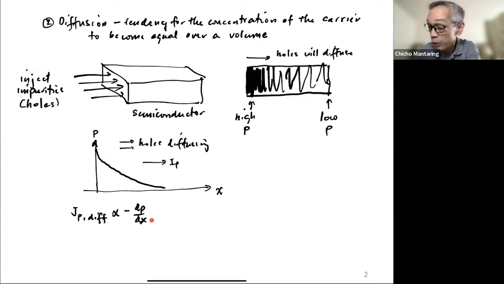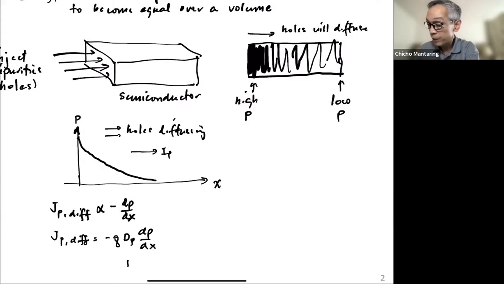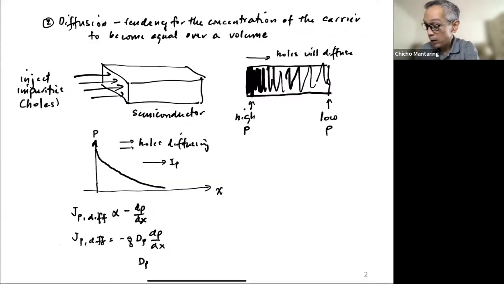That's why it's going to be proportional to negative dP/dx. As a matter of fact, JP due to diffusion is going to be minus Q Dp dP/dx, where Dp is called your diffusion constant.